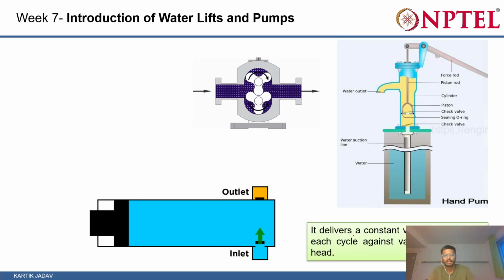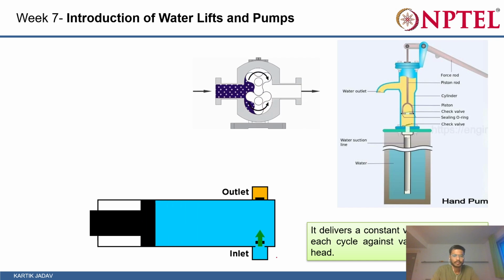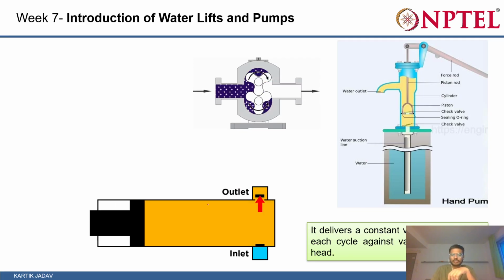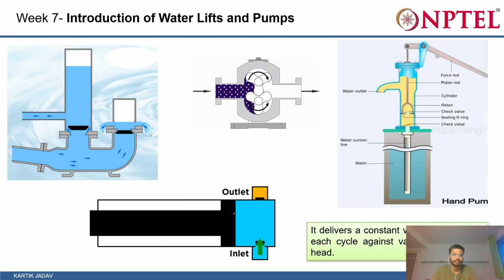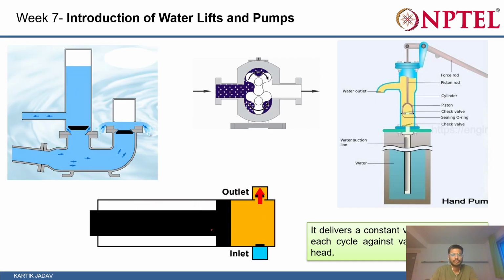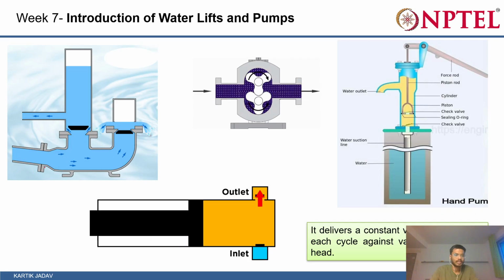A simple single acting reciprocating pump has only one cycle of stroke, or you can say one stroke in and one stroke out. So one cycle of stroke discharges the water.